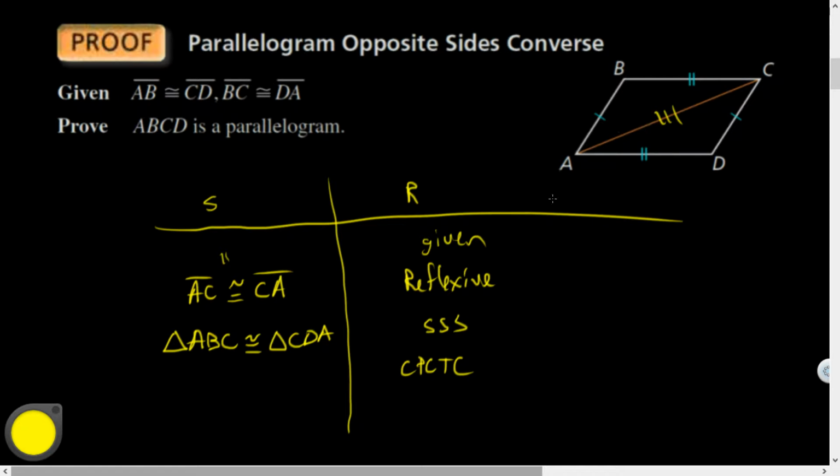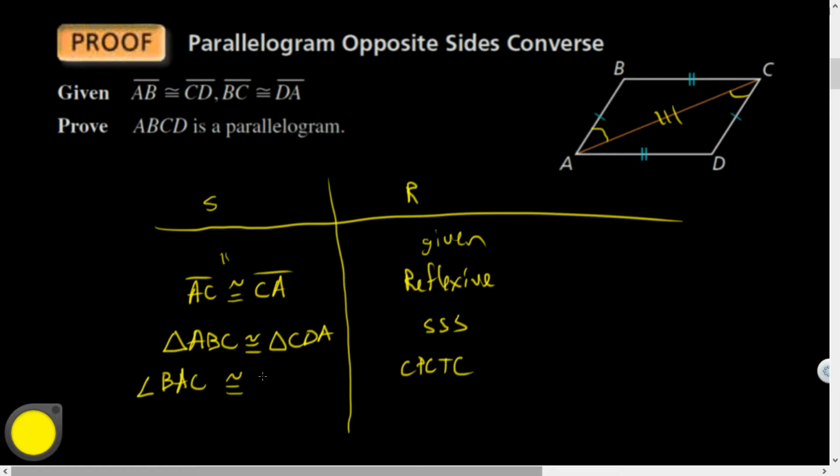All right, so CPCTC could tell me some properties about these angles. Here's one of the things that I could say. I'm trying to prove it's a parallelogram, not that it's congruent. No, that's where I'm going.